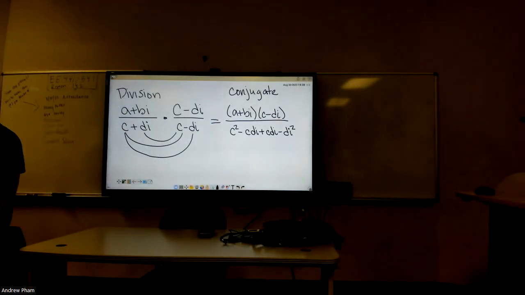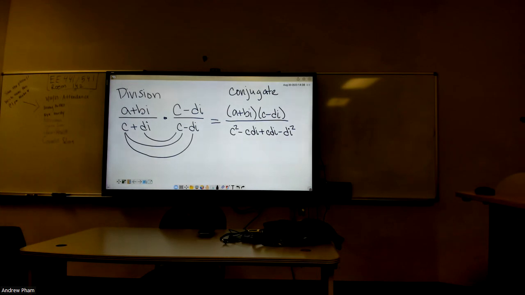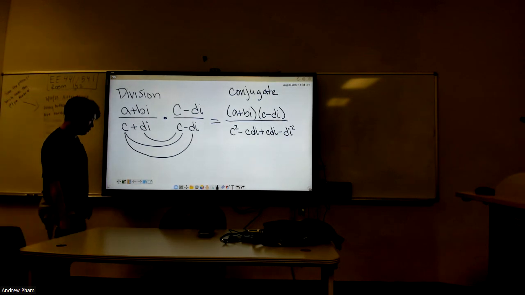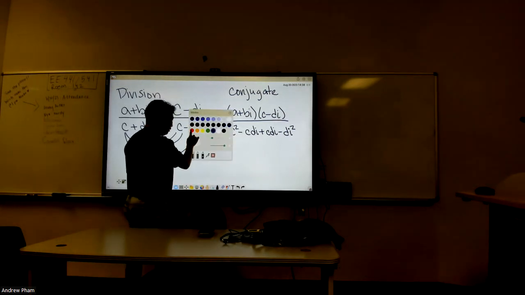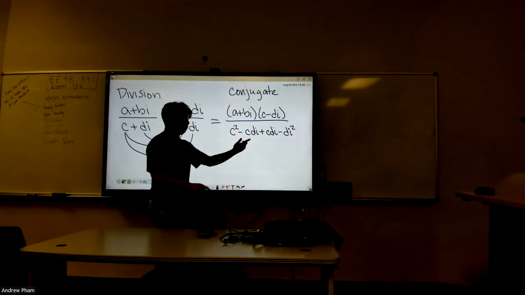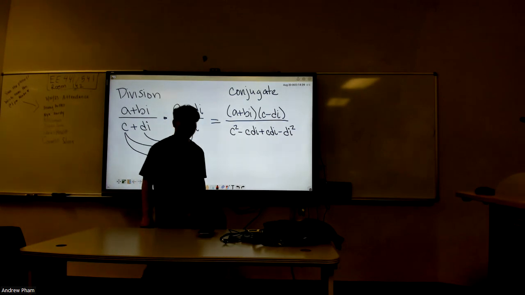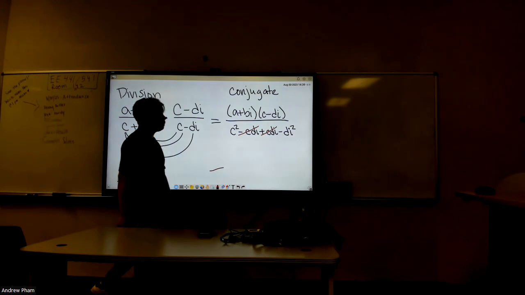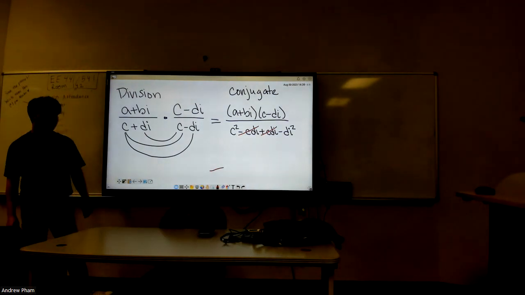And right now you might be looking at this and saying, well, you just made it worse. You added more i's down there. But this is going to clean up on the bottom. What do I notice happening down here on the bottom? Probably the first thing y'all are noticing. Yeah, the middles cancel out because this is minus cdi plus cdi.